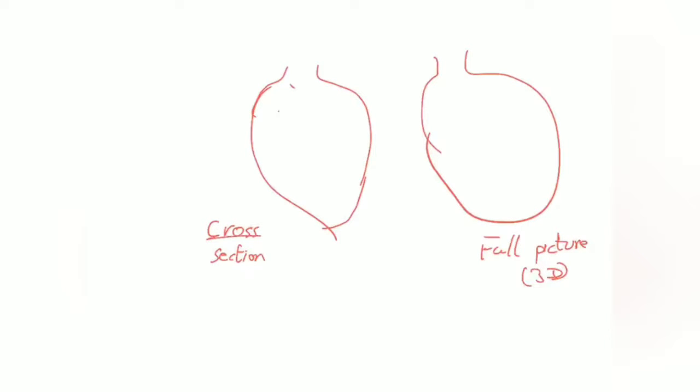So the cross section, you're going to have a vein called the vena cava going to the chamber, another chamber, and then here's a third, and then a fourth chamber.